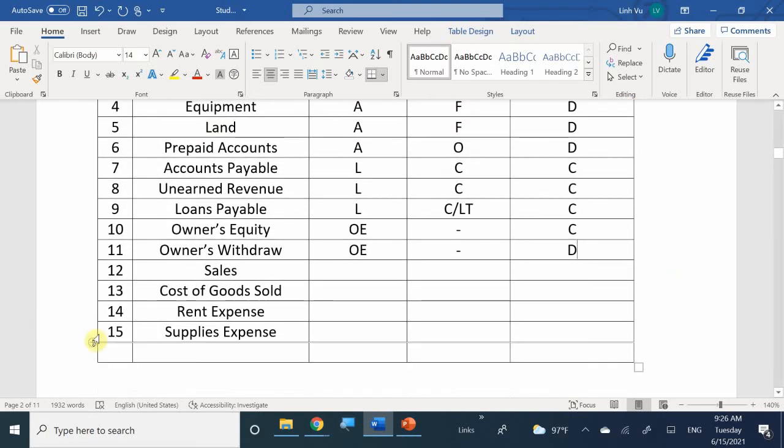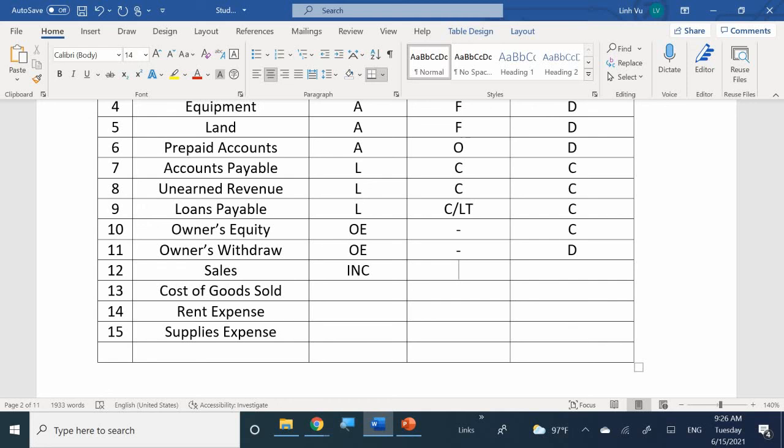All right, a couple more. What kind of account is sales? Income. Yes, it's income. What kind of category should sales belong to? Current. Is there such a thing as a current revenue? That's not specified. So in your categories, you also have sales. So sales should belong on sales, correct?